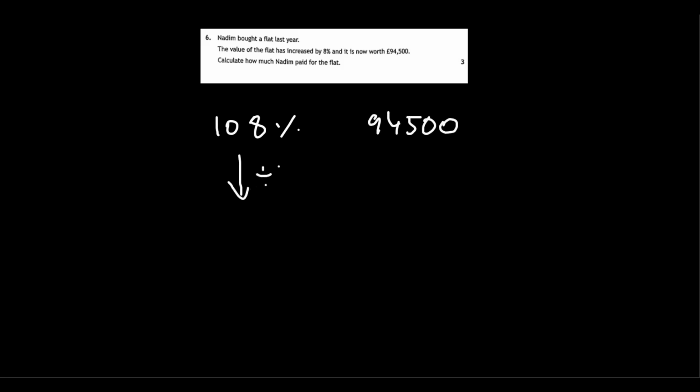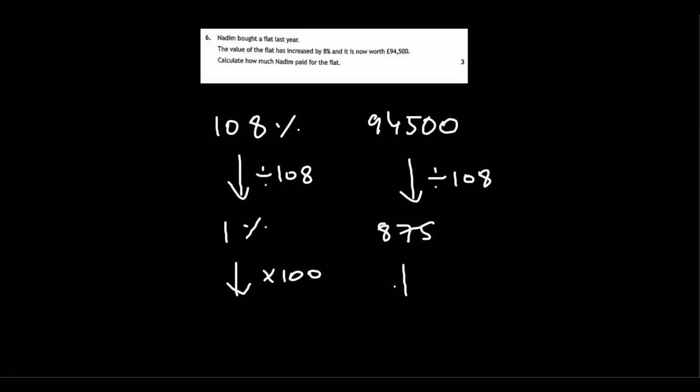And then we divide by 108 to get 1%. So that would be 875. And then we times by 100 to get the original value, which is 100%. So that would just be 87,500.